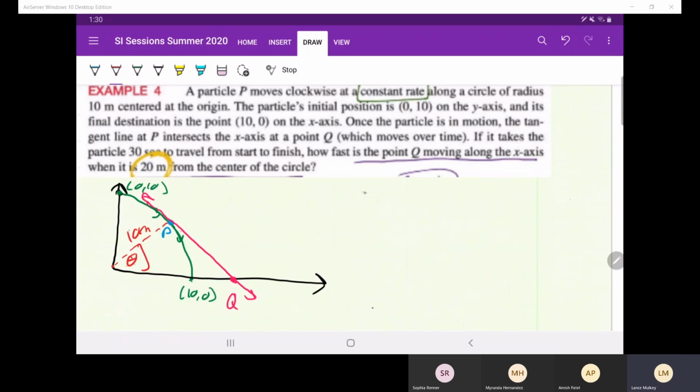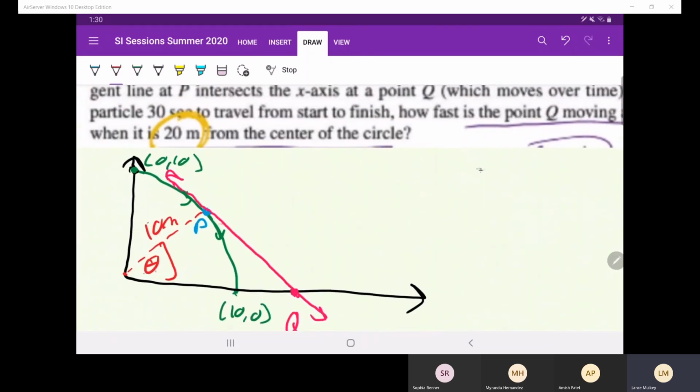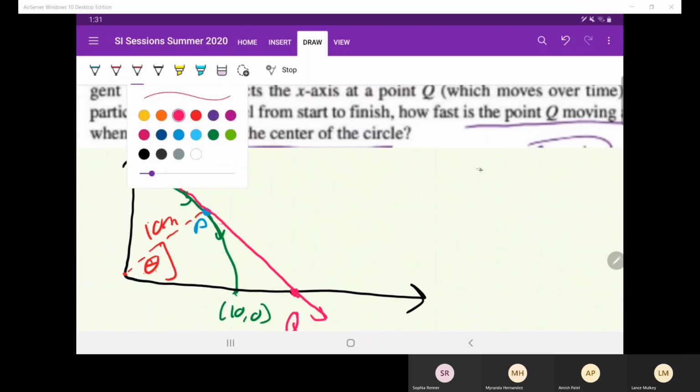So you have your constant, you have your angle, and we know that when P moves this way, to the right, Q will be moving this way.